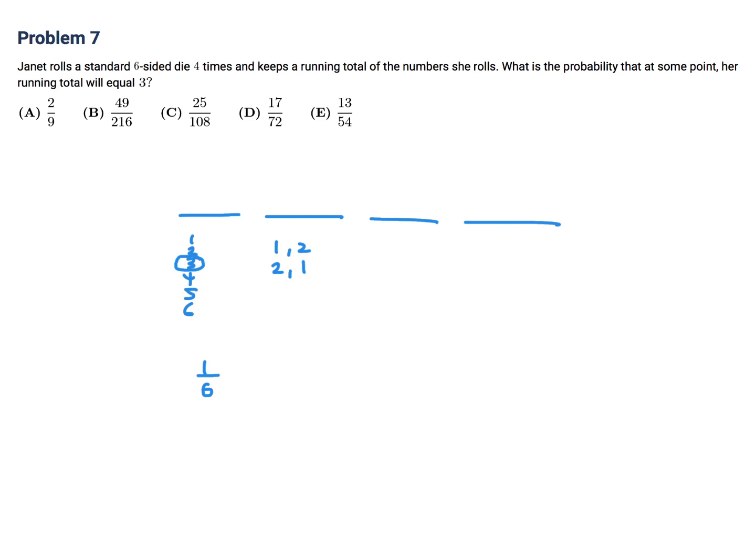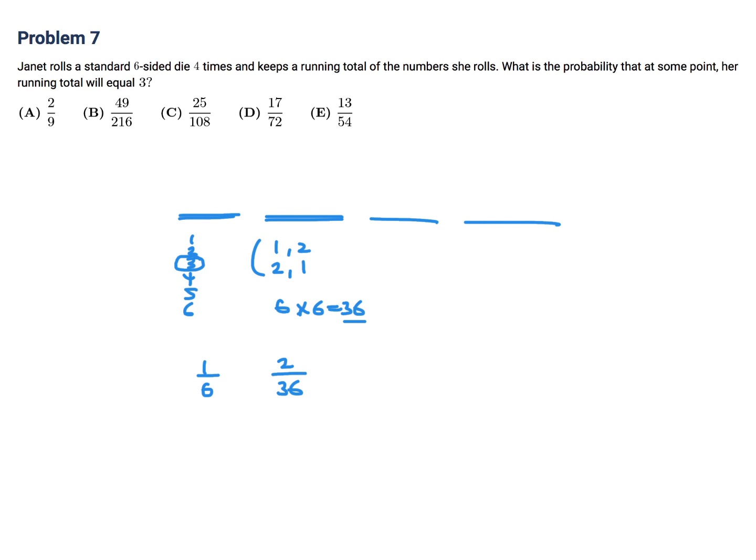Now, the total number of rolls, you have 6 choices for the first one and 6 choices for the second one. So there's a total of 36. So these 2 out of those 36 is the probability of getting a running total of 3 after the second roll. Okay, now we get to the third roll.